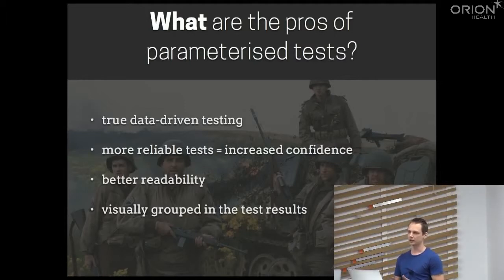If you are testing more cases of your code with different parameters, it increases your confidence that your tests are good, and you cover some edge cases, some real-life cases, and so on. So you can feel safer when refactoring your code. And better readability, visual grouping in the test result, just cool stuff.